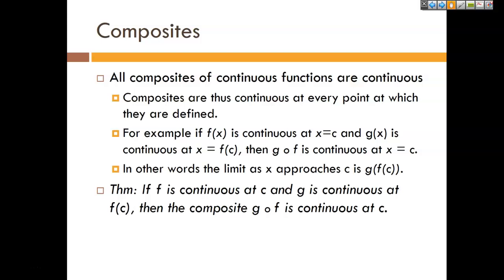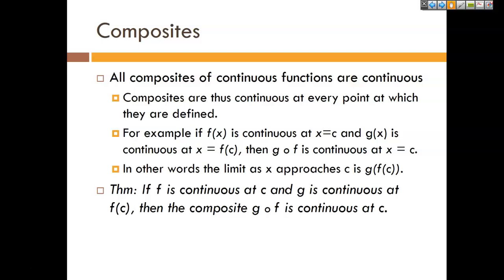For example, if f of x is continuous at x equals c, and g of x is continuous at x equals f of c, then g of f is continuous at x equals c as well. In other words, the limit as x approaches c is g of f of c.